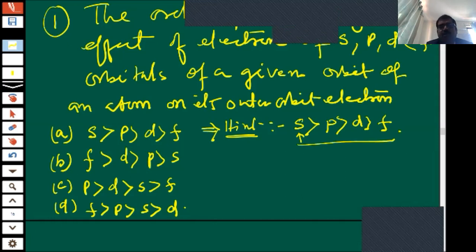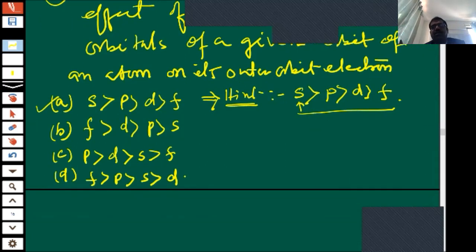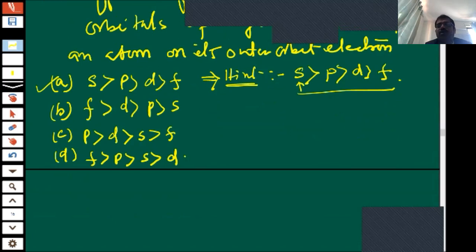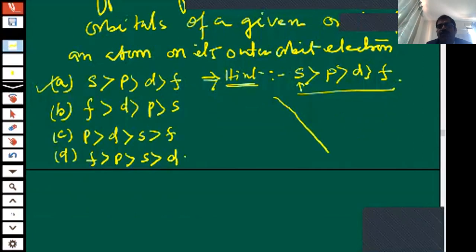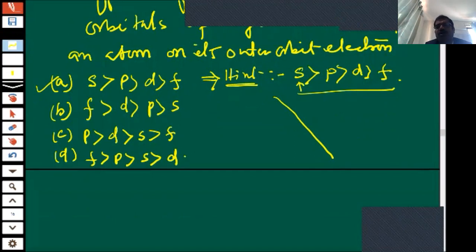On the basis of this, option A is correct. Here, the information they wanted is, even in a given orbit, you can think like this. Suppose this is an orbit. Now you know that the orbits are not perfectly circular. This is the nucleus.